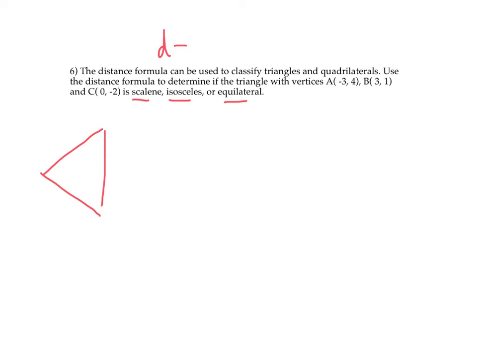So distance equals the square root of x2 minus x1 quantity squared plus y2 minus y1 quantity squared. Now, sometimes it's helpful to draw a sketch. We're not going to use graph paper in this case, but just going to label the points.